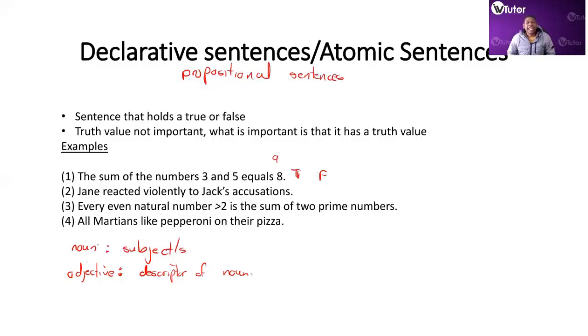With Jane, we are looking at her reacting violently to Jake's accusation. For the even natural number, we're describing it as the sum of two prime numbers. For Martians, they like pepperoni on their pizza. So we've got a subject and a description of the subject. This is the generic form of all declarative sentences.